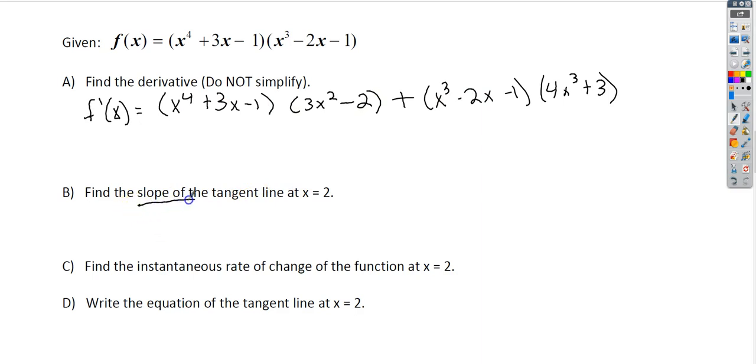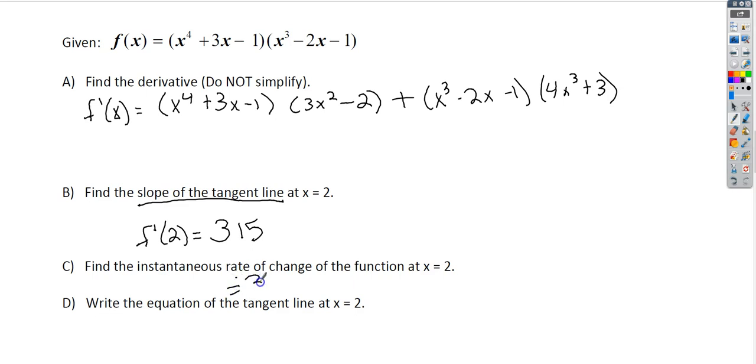But remember, the slope of the tangent line is the derivative at that x value. So if we plug this into all of that, you should get 315. And then it says find the instantaneous rate of change. Well, we plug the 2 in, so we're going to get the same thing.